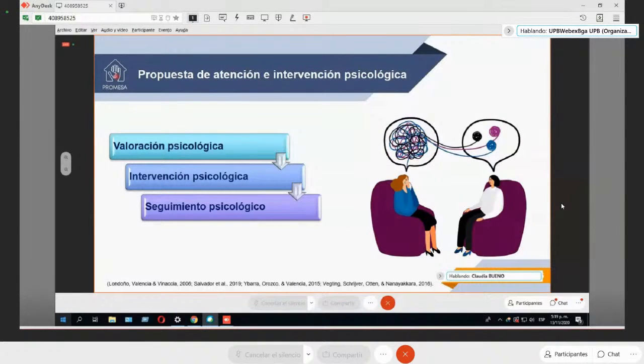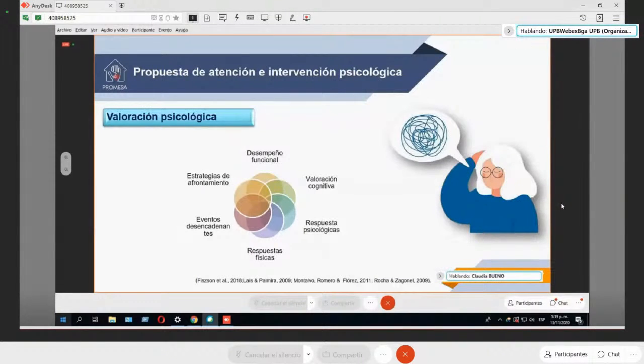We would have a proposal for psychological intervention that will have three elements, basically: the psychological assessment, psychological intervention, and psychological follow-up. I will try to describe what we could do in each of the different steps.